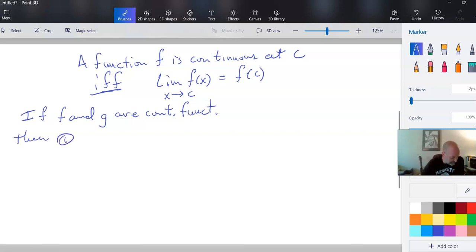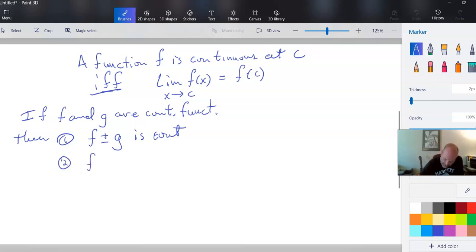Okay, 1. f plus g or minus g is continuous. Actually, all of these are going to end with is continuous.